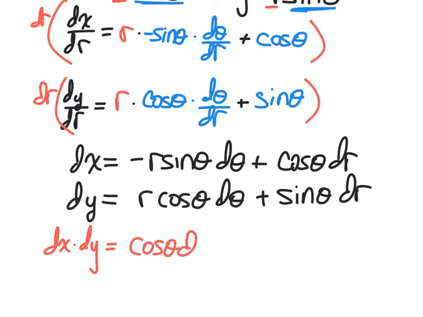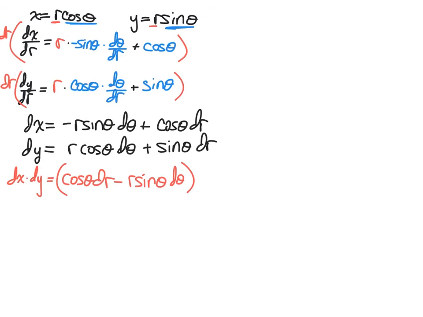Cosine theta dr minus r sine theta d theta. That's going to get multiplied by the other bad boy, r cosine theta d theta plus sine theta dr.